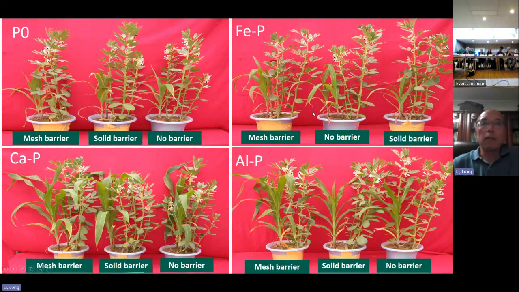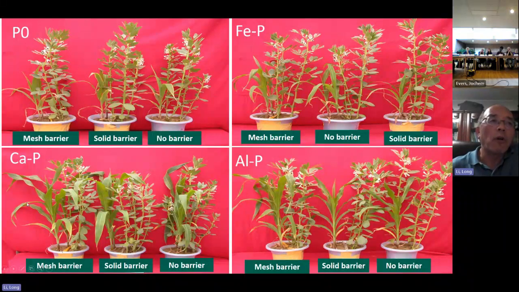You can see the maize, if it is associated with faba bean with a mesh barrier as well as a null barrier, grows much better than the maize associated without root interaction, that means a solid barrier. So that means root interactions increase growth of maize under iron phosphorus as well as alumina phosphorus like this.